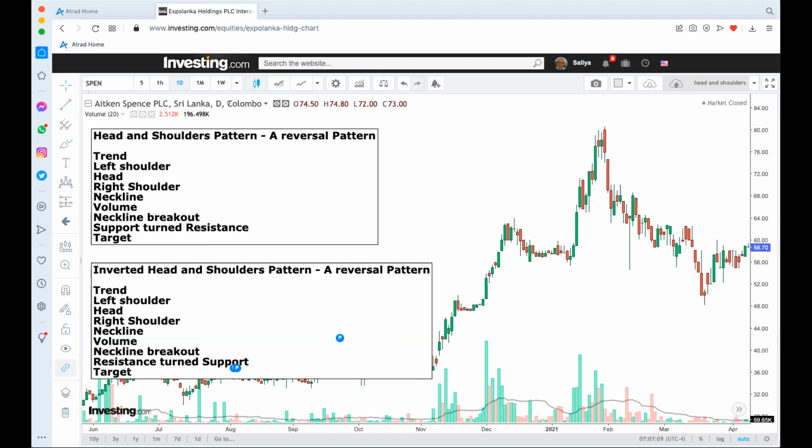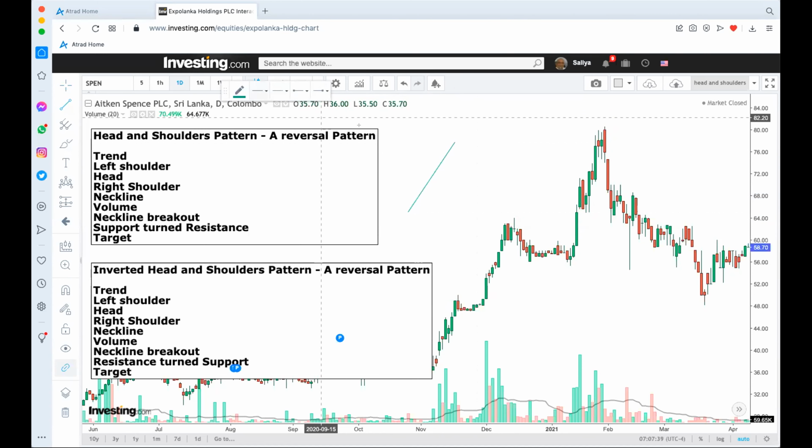that uptrend. Once we understand the prior trend, then we will be looking for a left shoulder, and I'm going to use the lines in order to show that in the first instance. What happens is you see an uptrend moving, going and pausing, making a resistance point like this.